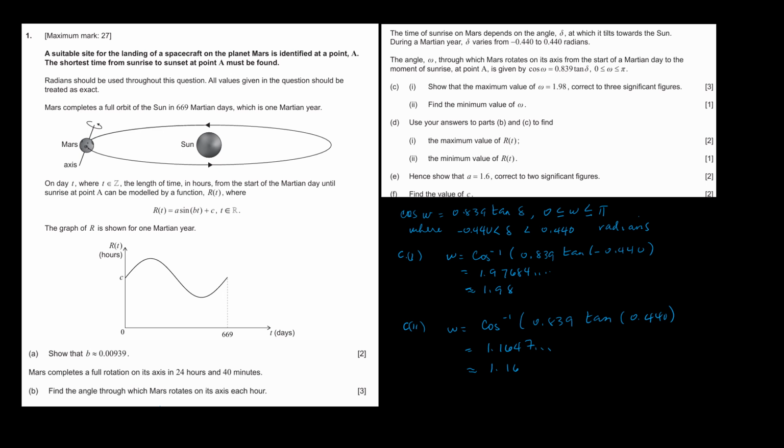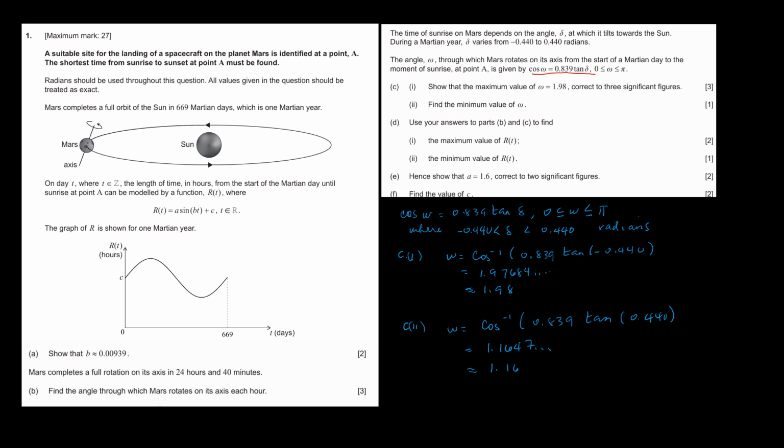The angle omega through which Mars rotates on its axis from the start of a Martian day to the moment of sunrise at point A is given by this formula: cosine omega is equal to 0.839 tangent delta, where omega is from 0 to pi. Show that the maximum value is 1.98, correct to 3 significant figures.